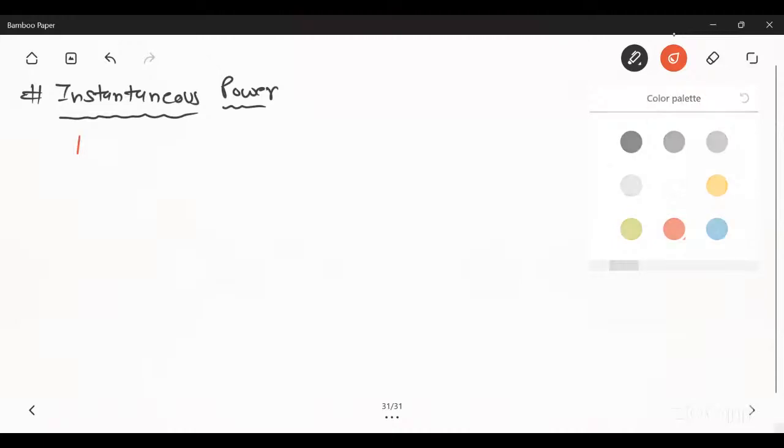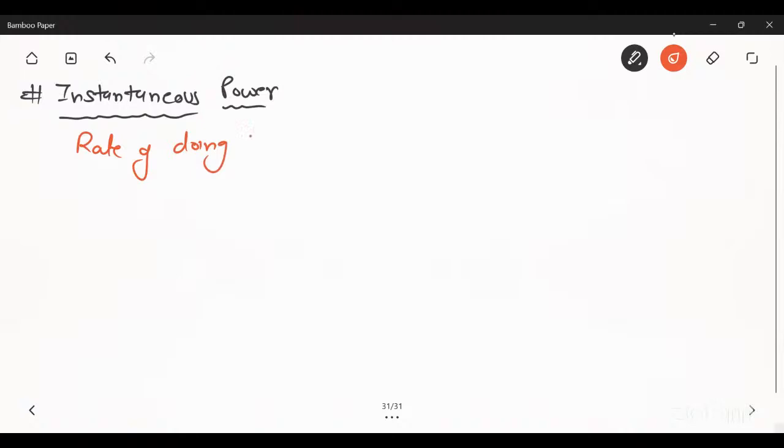Now come to the next topic, that is instantaneous power. So what is instantaneous power? It is the rate of doing work at a particular instant of time.